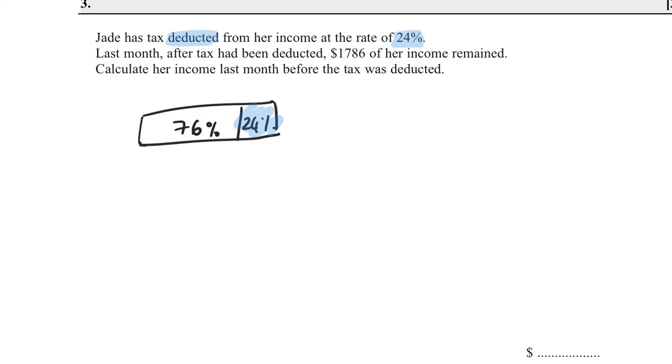So last month, after tax had been deducted, she had 1,786. Okay, so that actually means in our bar model, our 76% is equal to 1,786, isn't it? Okay. Calculate her income last month before the tax was deducted. So we need to find this missing part.